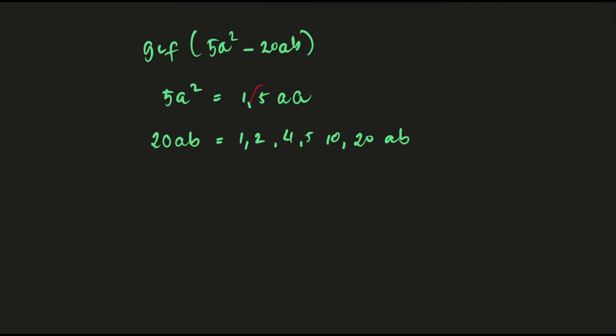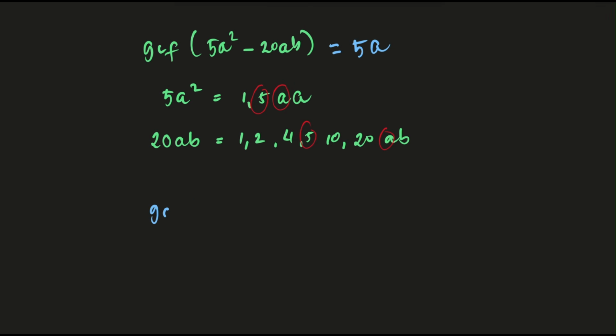That would be 5 and then a. b is not a common factor because we don't have b in our first term. Okay? So our final answer: the GCF of 5a squared minus 20ab is just 5a.